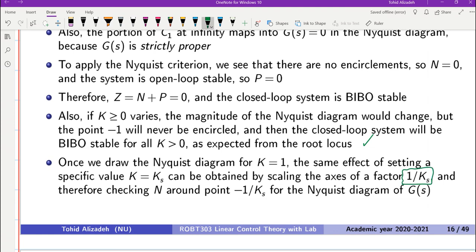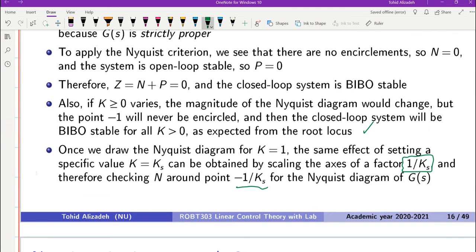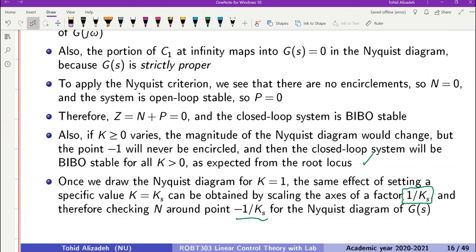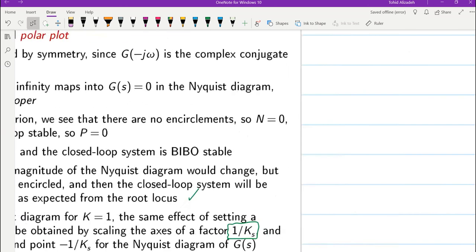Then we can determine the number of the encirclements. Instead of around the point minus 1, we consider the number of the encirclements around the point minus 1 over k, and then determine N, and as a result we can determine the stability of the closed loop system.